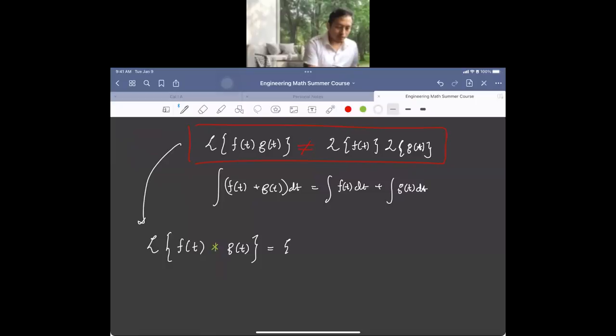And one of the convolution properties is that we are going to multiply these two, Laplace of f of t and Laplace of g of t. And we say that this is the Laplace of the convolution between f and g.